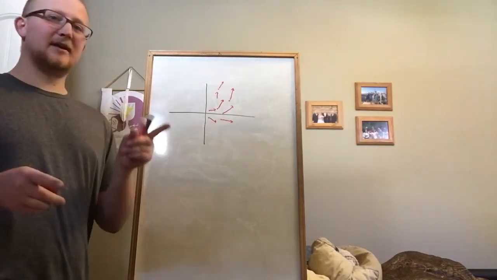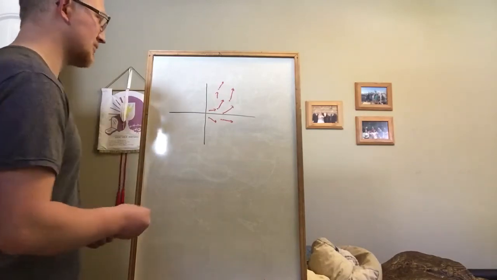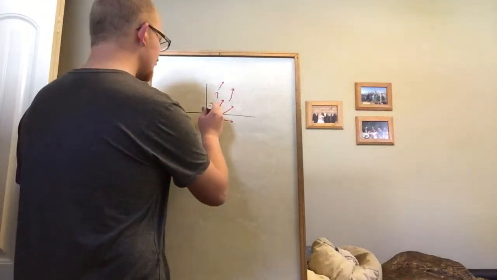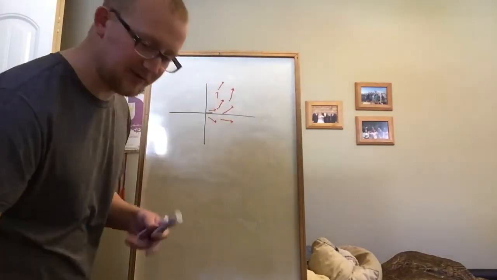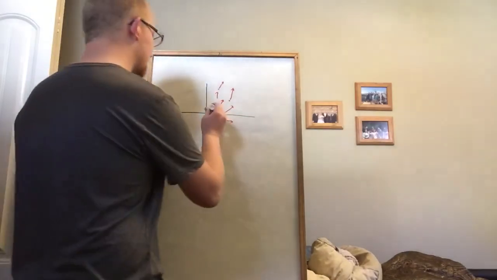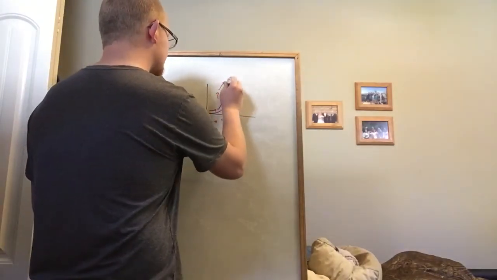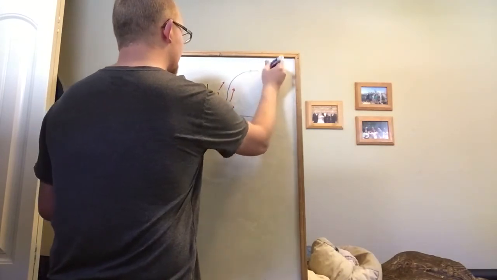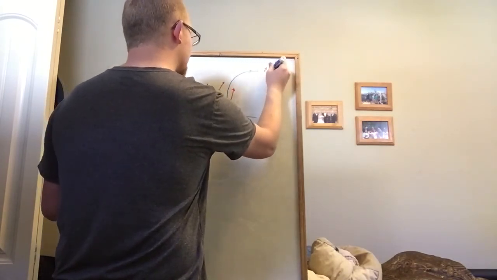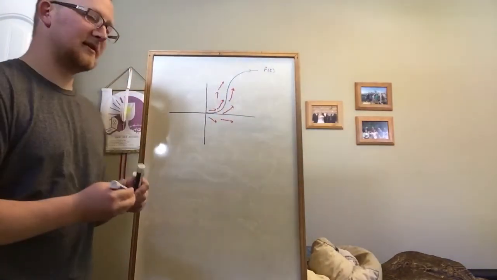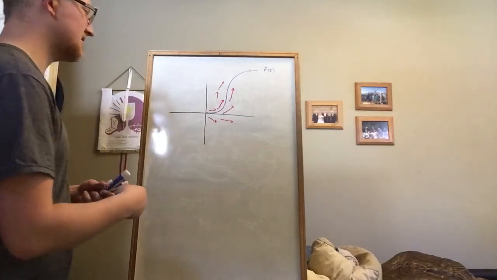The idea of a vector line integral is, what if we put our r of t, our parameterized curve, going through a vector field?